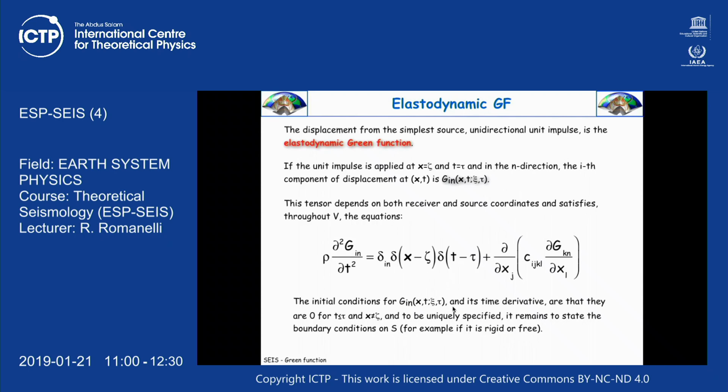Now the bad news is that we have to solve this differential problem. That was the definition that we used in the last lecture. So we defined it: the Green's function is the solution to this problem here. These are the general equations of elastic motion for a general anisotropic system.